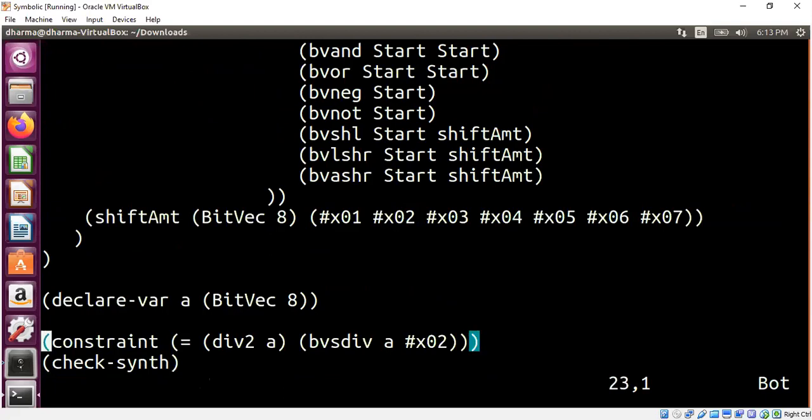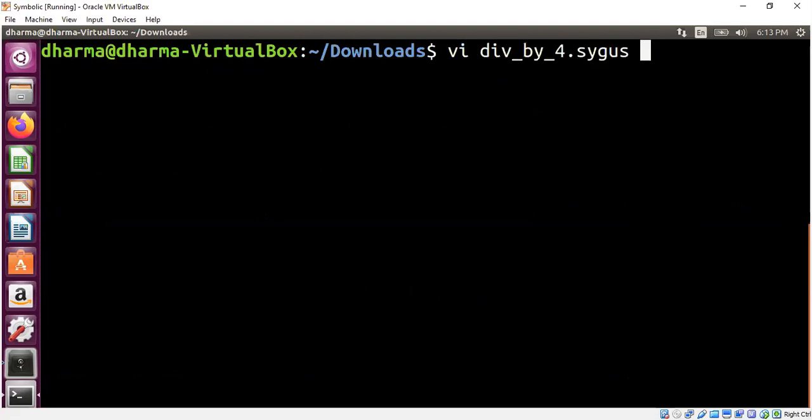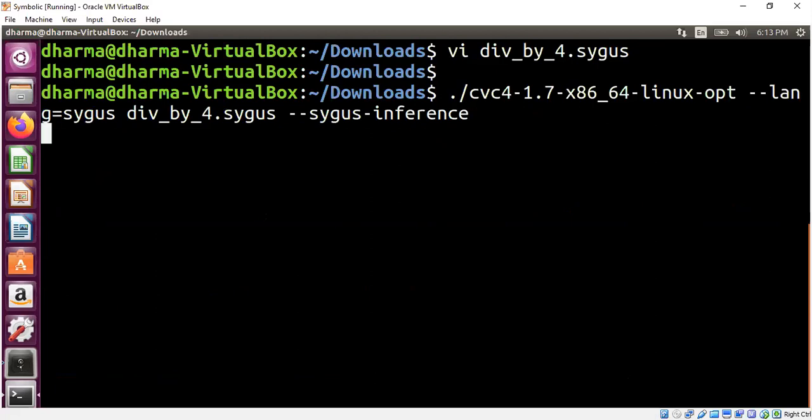The beauty, though, is that when we divide by 4, we don't want to see the division operation, and we can confirm that that's the goal of our synthesis.